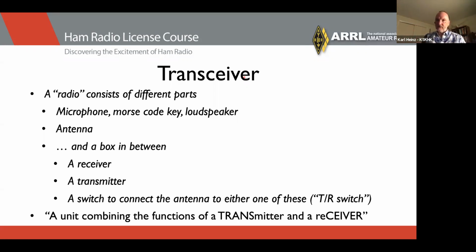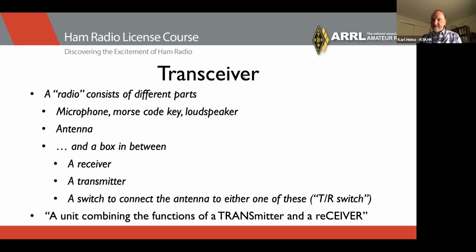You have a microphone, you may have a Morse code key, you have a loudspeaker, you have an antenna, and then somewhere in between all those parts that are attached to the radio, you have a receiver, which is what you use to listen to things, and you have a transmitter, which allows you to transmit a signal.